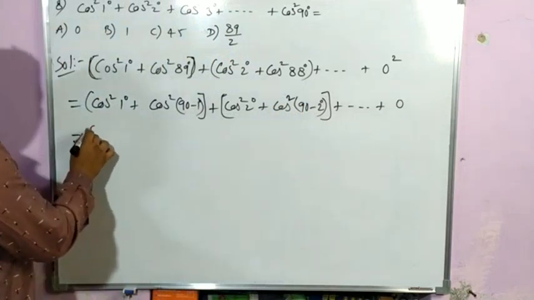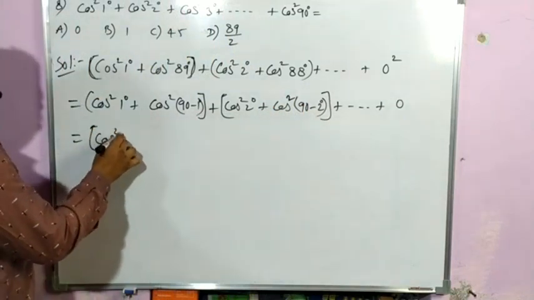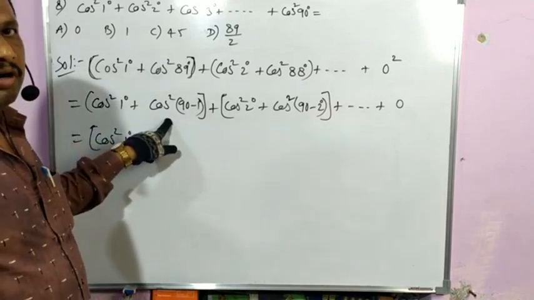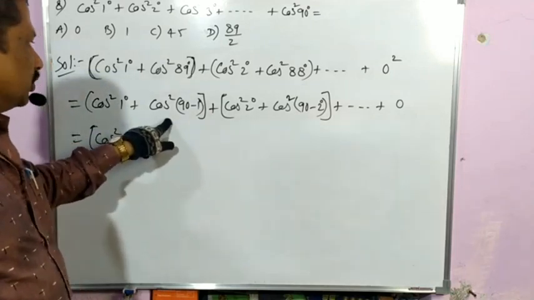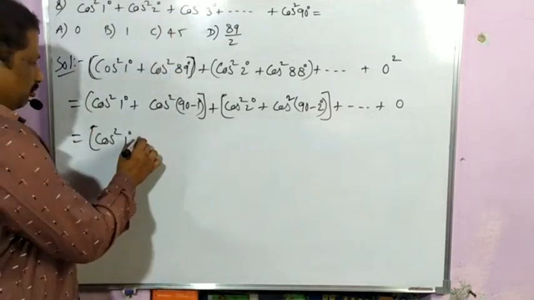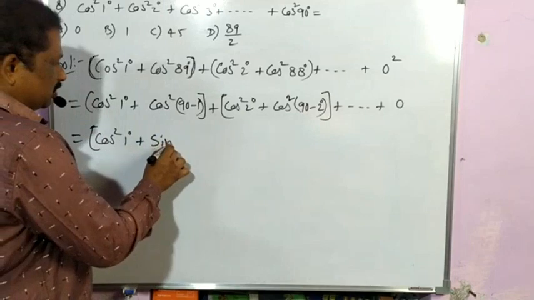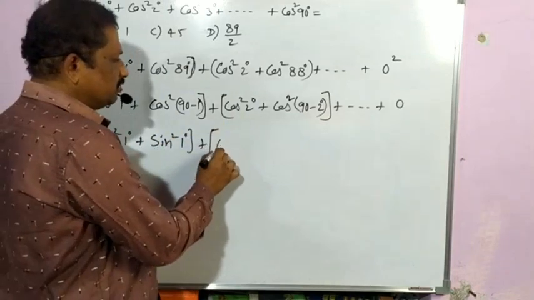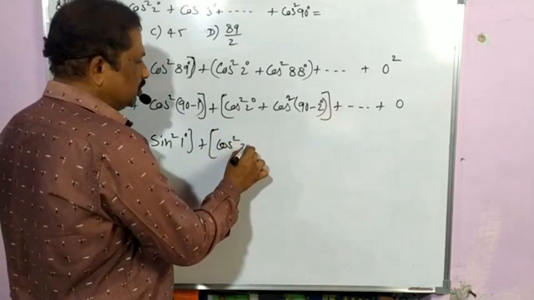So now cos square 1 degree. 90 minus 1 means it falls in the first quadrant. In the first quadrant all are positive. It is operating on the y-axis, so the ratio changes. So plus sine square 1 degree will come. Here you keep the first one as it is, cos square 2 degrees.